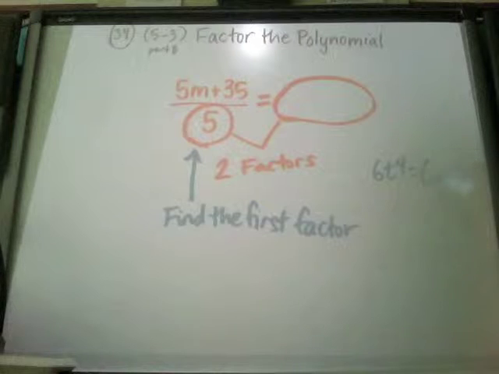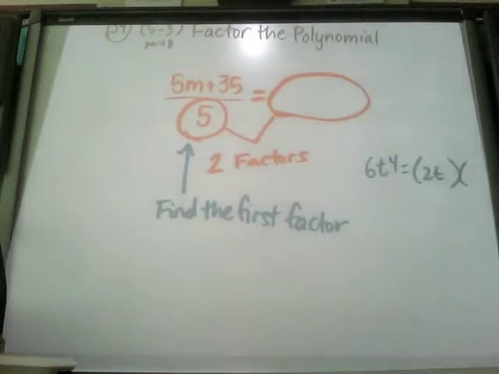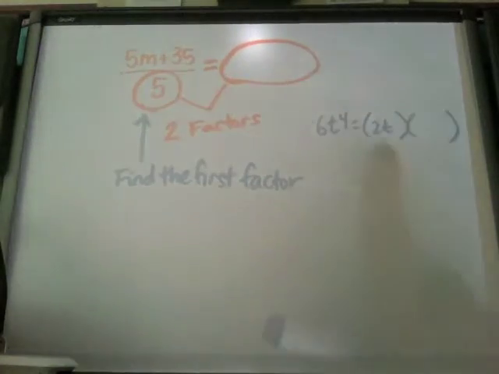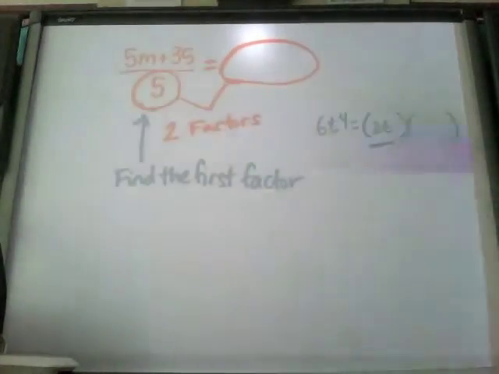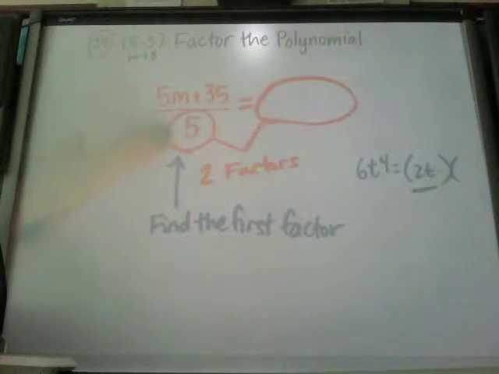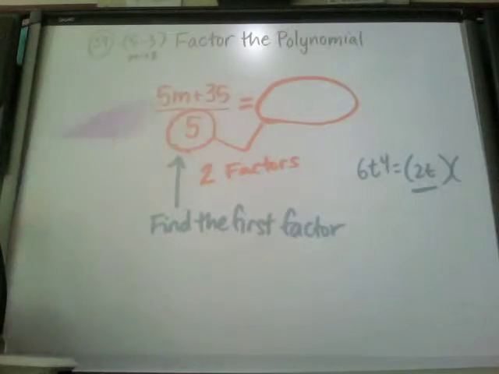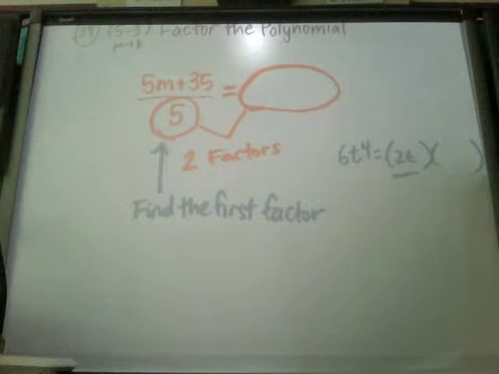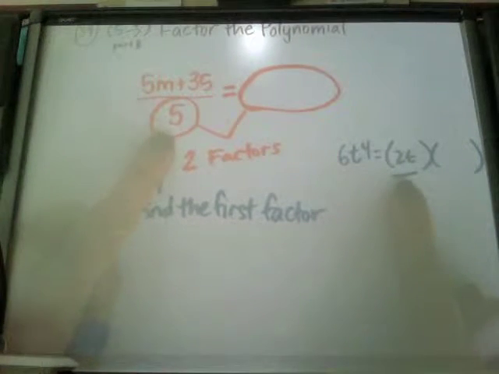We had something like this, where they gave you the first factor like this, and you had to find the second one, right, this kind of factoring. They also gave you the first factor. So there's two different ways we could show it. We could show it as dividing, and then the answer is the other factor, or we could show the two factors being multiplied. But again, the difference in what we've already done is that they've given you the first factor.